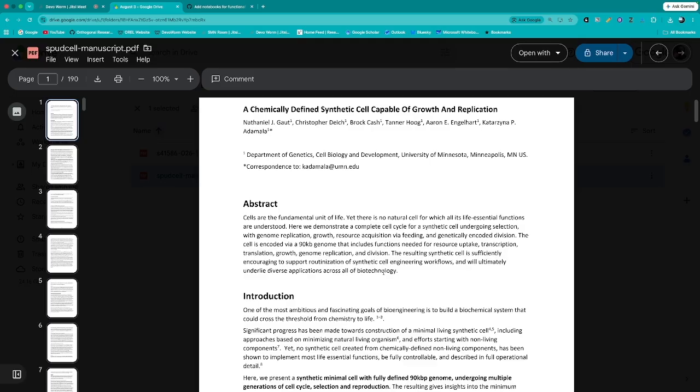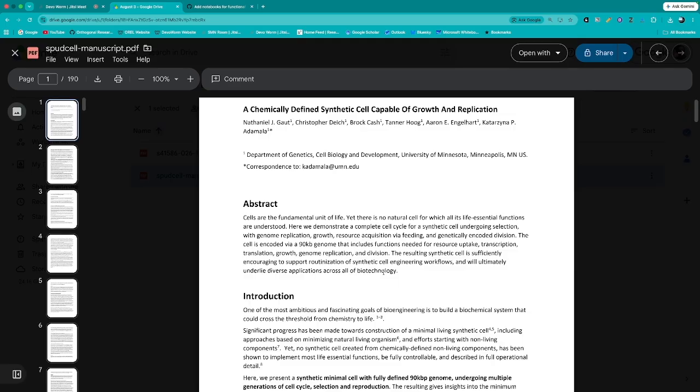So their first statement here is: one of the most ambitious and fascinating goals of bioengineering is to build a biochemical system that could cross the threshold from chemistry to life. So this is where we want to go from the basic reactions of what a cell might do in its basic stages, to something that is actually living and can reproduce. And so you need to be able to build these into a cell, or embody them, if you will.